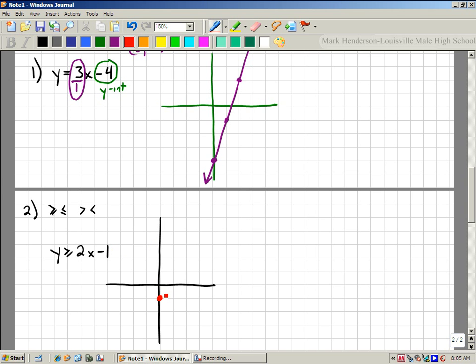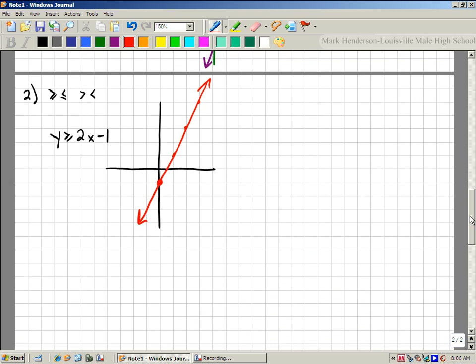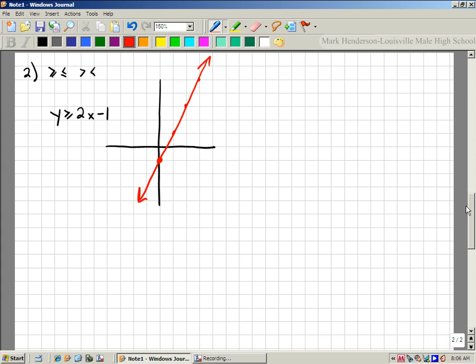I go down 1, then I go up 2 to the right 1 from there. Does that address the greater than, though? Did I do anything differently than I did in the first problem? No. Which means that I'm leaving something off.